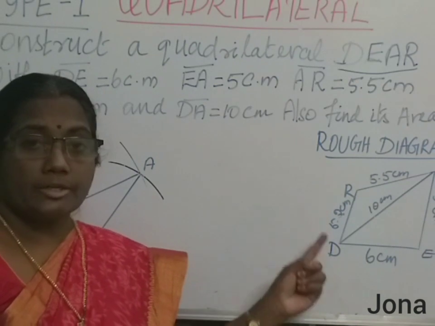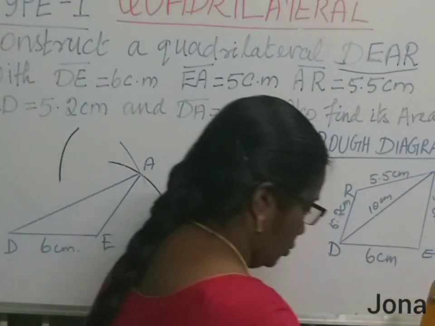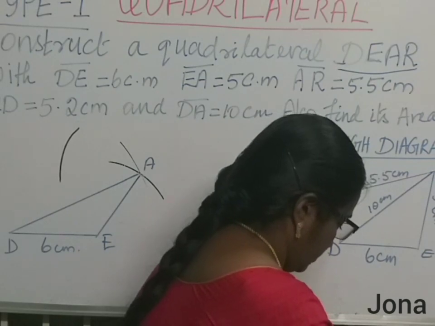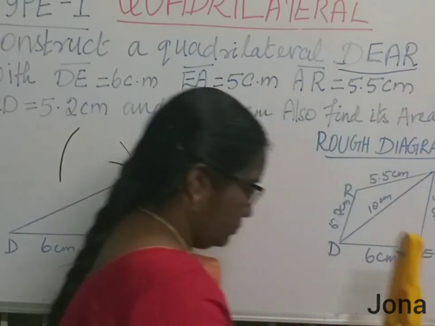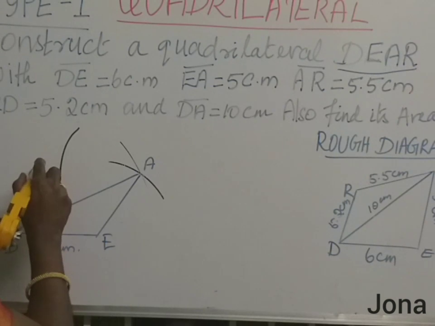And then from here to here 5.2 centimeter. So from D I want to take 5.2.